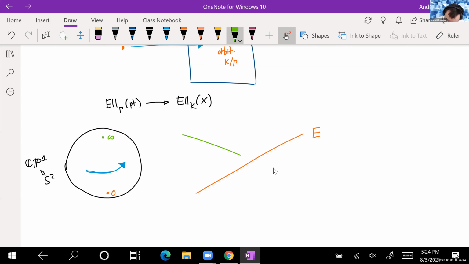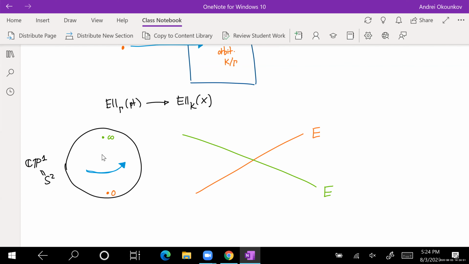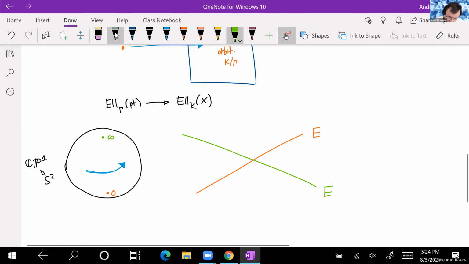So there will be another copy of E. And then I also have orbits. In fact, I have a segment's worth of orbits, but homotopically it's the same as one orbit. It's a free orbit. So this one is free.